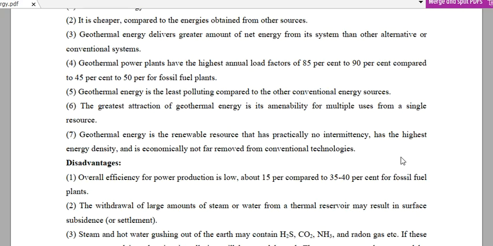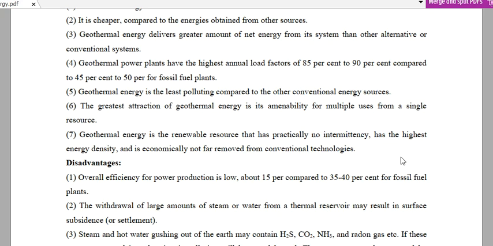So it is the main highlight of geothermal energy that it has no intermittency. Intermittency means lack of availability at all times, such as the case of solar energy, which remains available in daytime or in summers, but is available in less quantities during bad weather, and also not present at night.